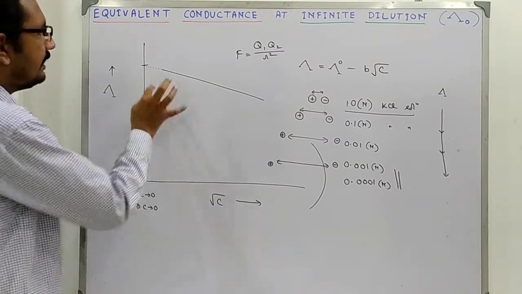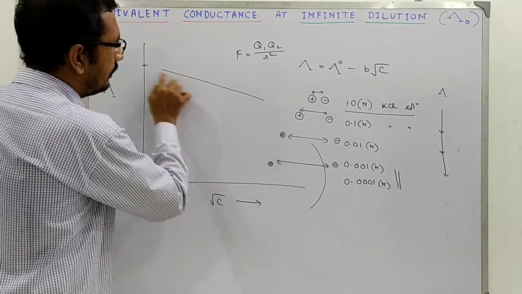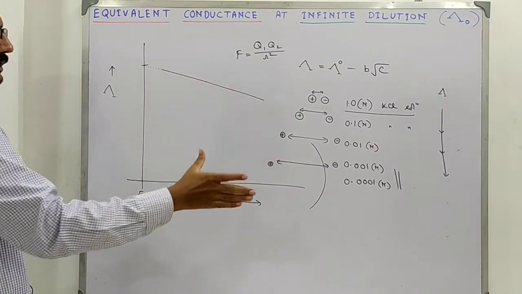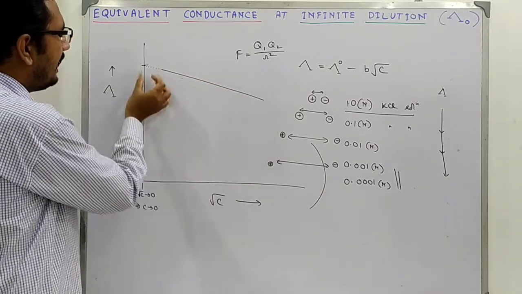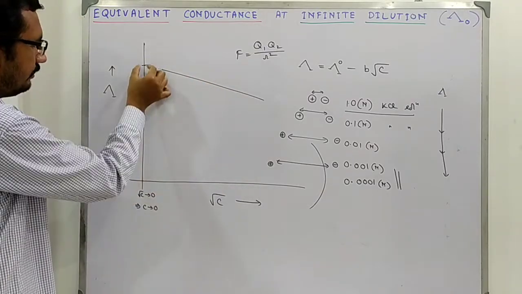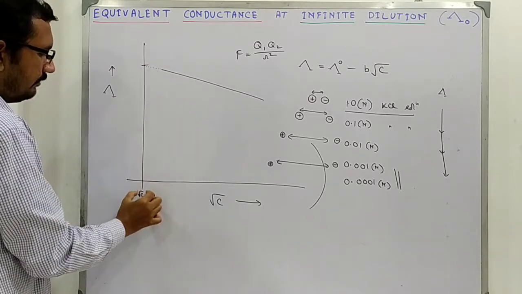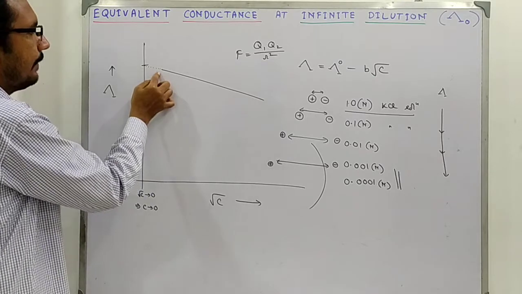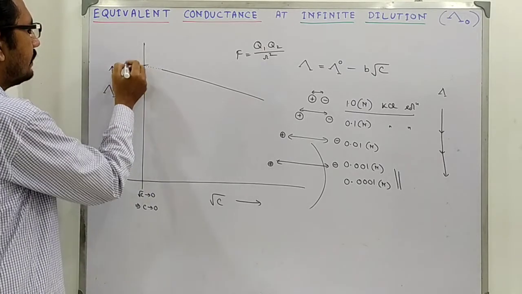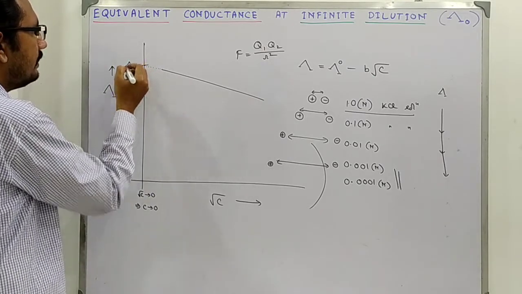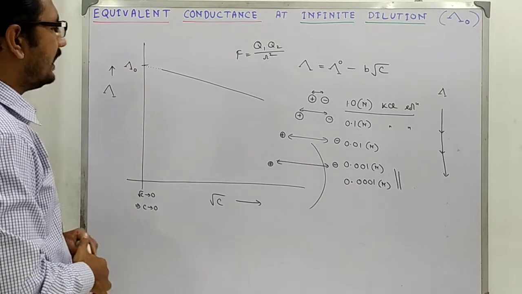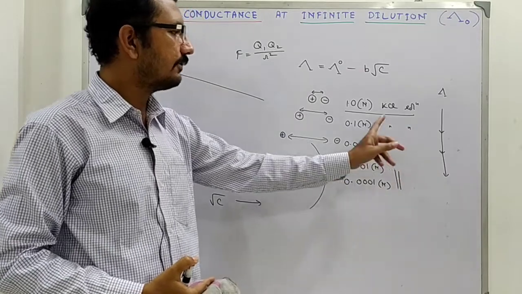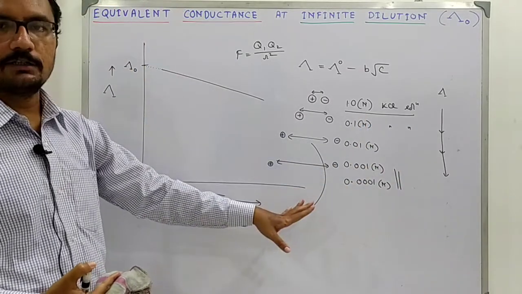So, what we are doing, we are getting a straight line, a linear plot from experiment. Now, at this very dilute condition, we are extrapolating this linear relation and we are getting this lambda 0. What is this? This is the maximum value that is attainable by an electrolytic solution at a given temperature.